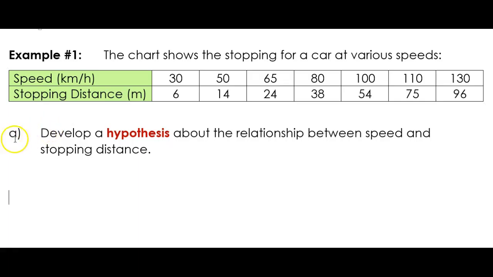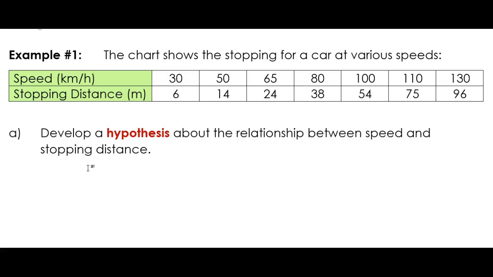So in part A of the question here, it says develop a hypothesis about the relationship between speed and stopping distance. All right, so I know from my own experience that the faster I'm going, the harder it is to get my car stopped. Right? Because things that are in motion tend to want to keep moving.